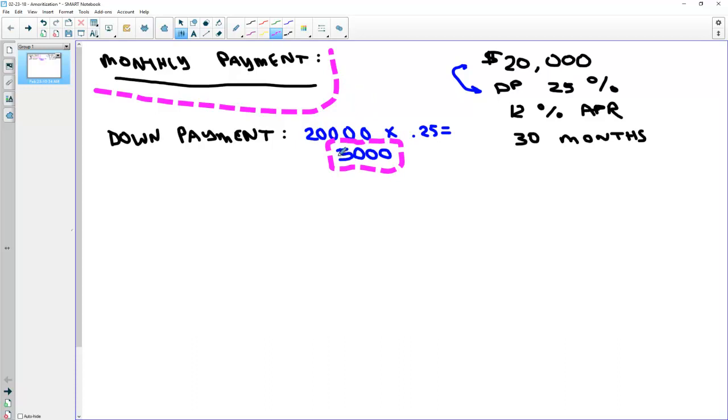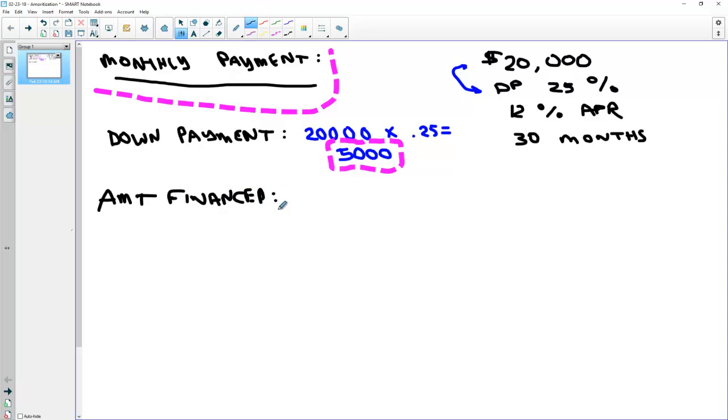Okay, the second question is the amount financed. So this is going to be essentially the P value, the new P value. So we'll go amount financed. This is harder than it looks. You know, I need to get one of those little boards.